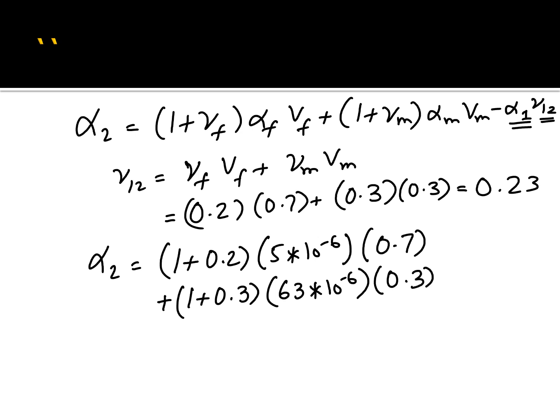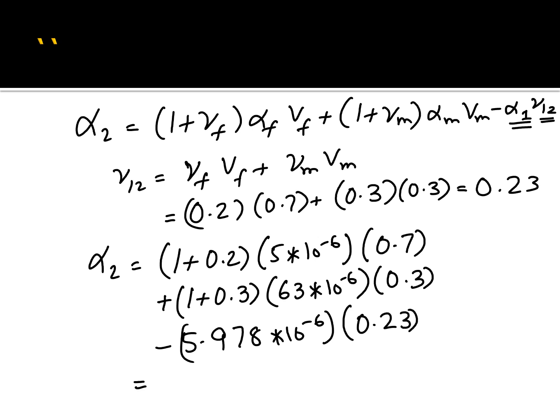Volume fraction of the matrix 0.3, minus alpha 1, which we found from the previous slide, and then multiply by nu 12, which we just found out, which is 0.23. And if we do these calculations, we get the value of alpha 2 to be 27.40 times 10 to the power minus 6 meter per meter degree Celsius. So we have found alpha 1 and alpha 2.